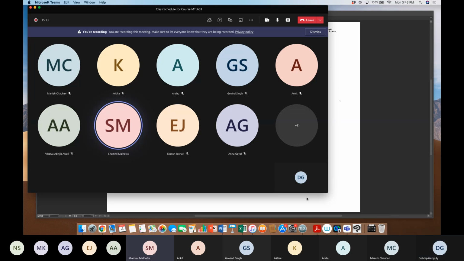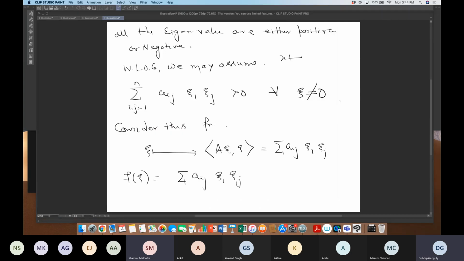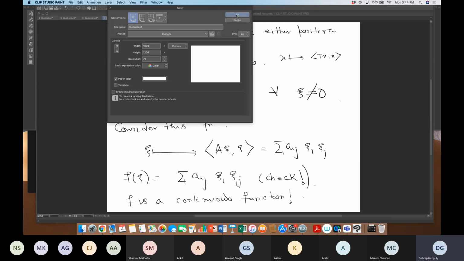If you consider each component, it is a polynomial in that component, so it is continuous. Straightforward. Please check, f is a continuous function.